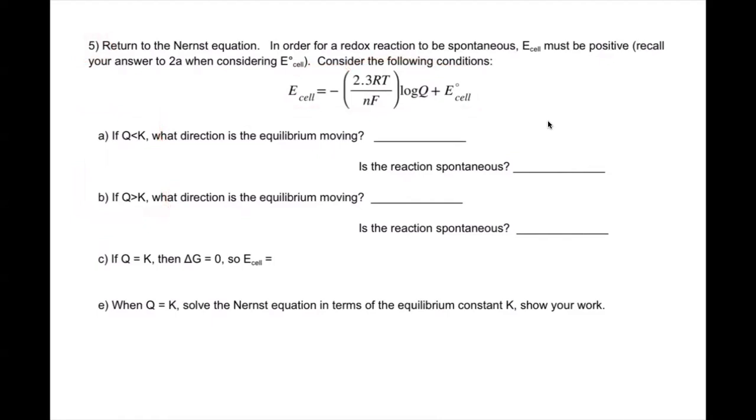Let's remind ourselves: if Q is less than K, are we moving to the right in a chemical equation or to the left? That answer would go here. Based on our answer, is the reaction spontaneous? Then in part B, we do the same thing but in the reverse direction. If Q is greater than K, are we moving to the right or left? And does that mean your reaction is spontaneous or non-spontaneous?